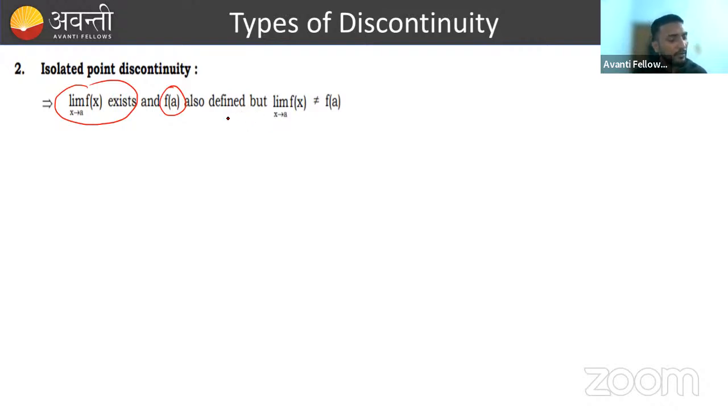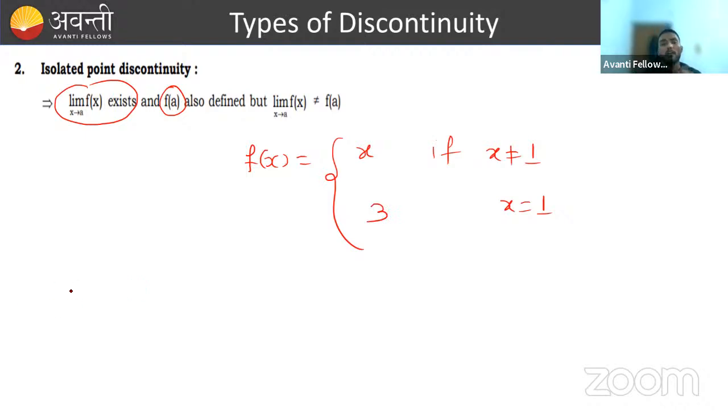So in this case, suppose I have written f of x is equal to x if x is not equal to 1, and if x is equal to 1 then it is 3. Now you can see, if you find the limit as x tends to 1 minus, it will be 1 minus h, and then it is 1.